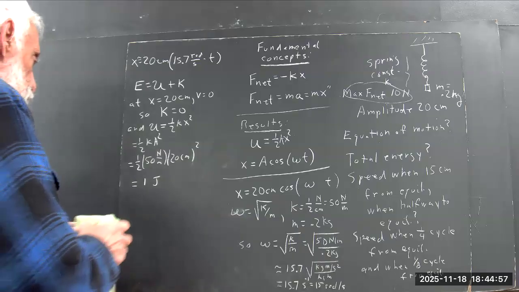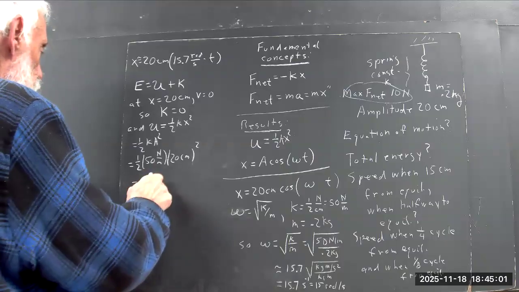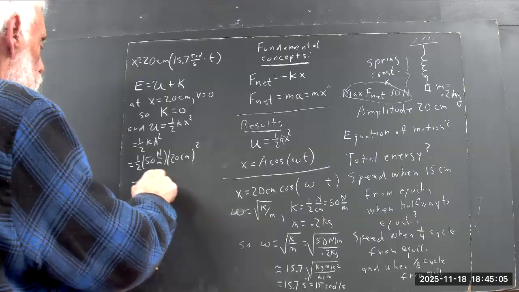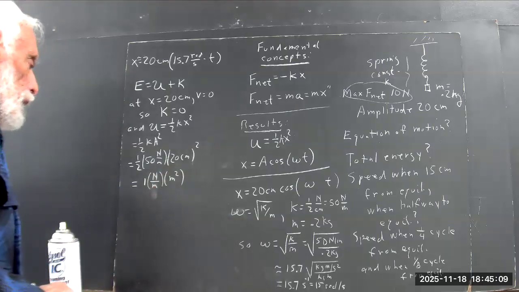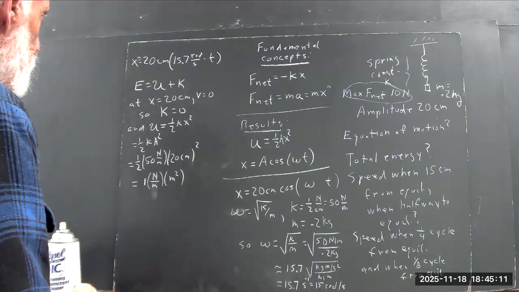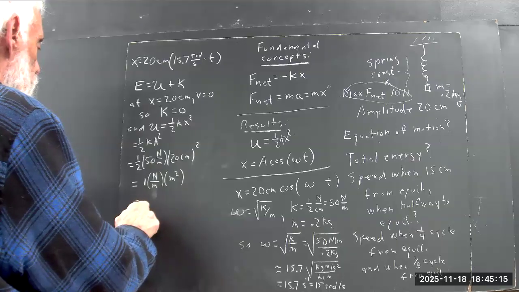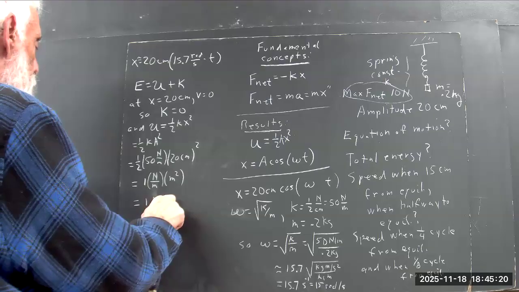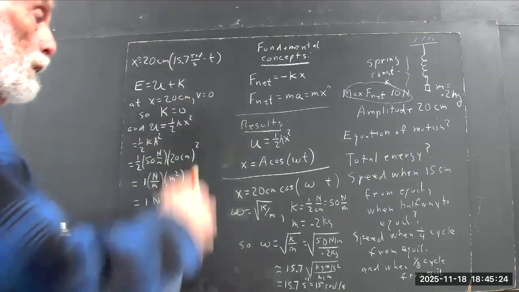Let me write this as 1/2 newton per meter, or 1 newton per meter times a meter squared. This is 1 newton meter or 1 joule. So this is a 1 joule oscillator.